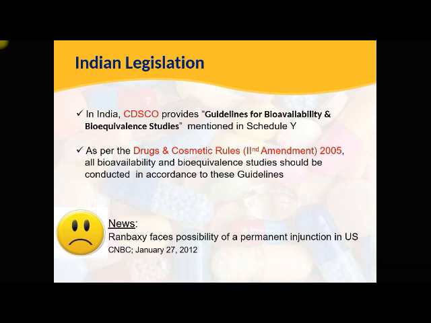Many of its facilities in that era were banned by the US FDA for flouting the norms. Whatever bioequivalence study data they had provided was falsified data, and that's why it faced many lawsuits in the USA for falsifying data.